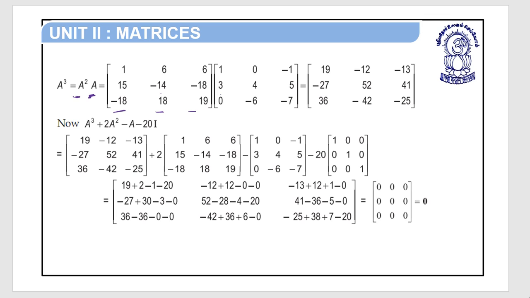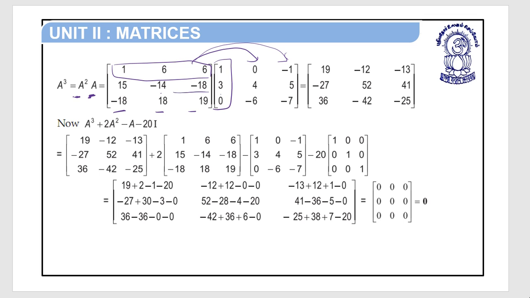1 0 minus 1, 3 4 5, 0 minus 6 minus 7. So take first row, first column. Now then first row, second column, first row, third column.